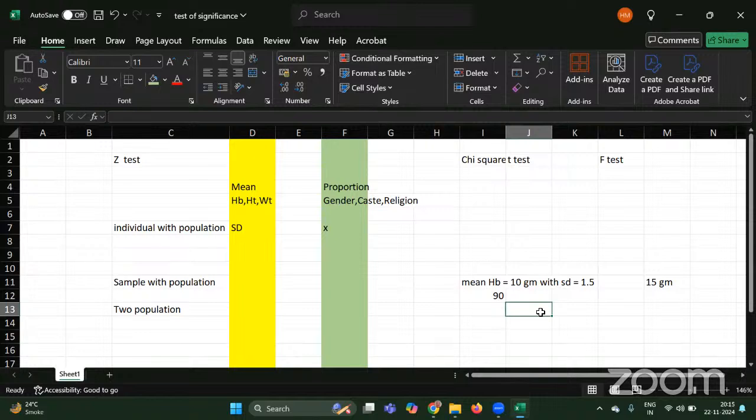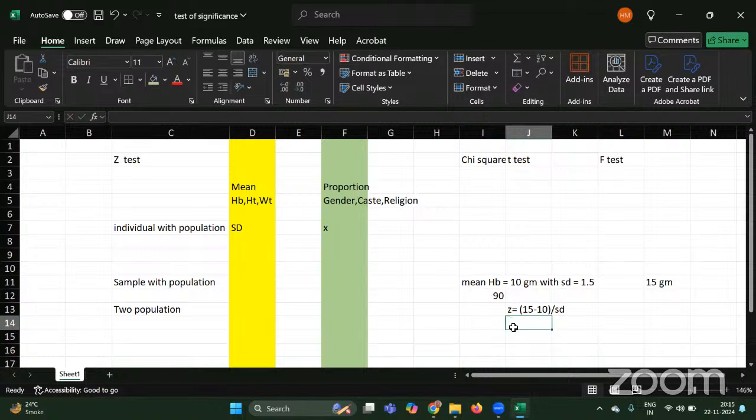That 5 gram is more than double the standard deviation. Double the standard deviation is 3. So what we write is z is equal to mean minus observation or observation minus mean, we are taking as an absolute value, divided by SD.